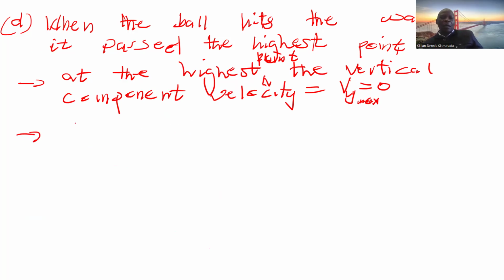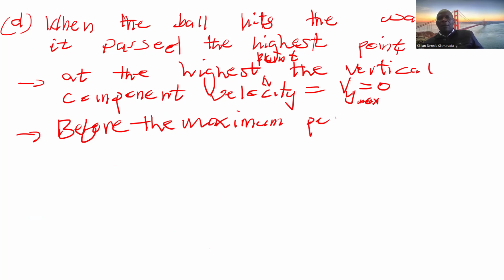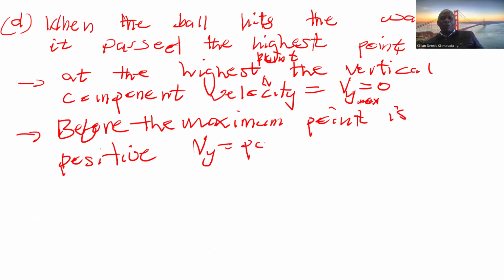Also, at a point before the maximum point, the velocity is supposed to be positive. So meaning that the vertical velocity is supposed to be positive. And the value that we found is positive.